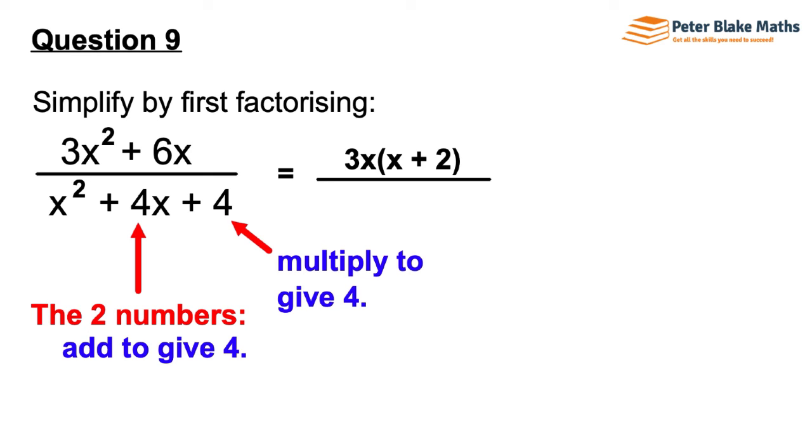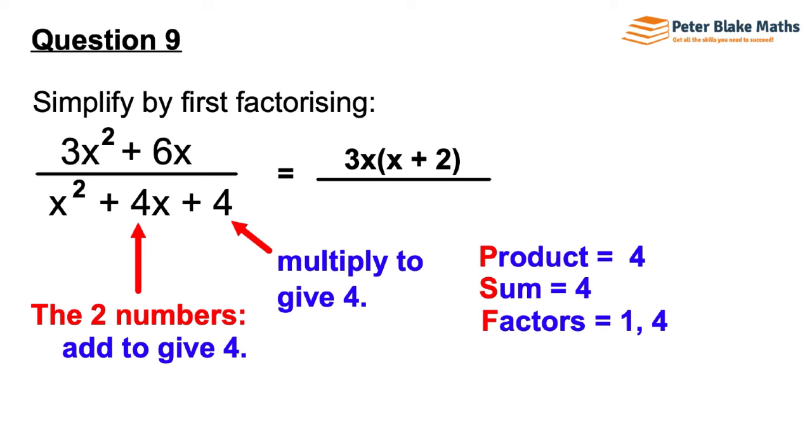So that's where we look to find out the characteristics of these two numbers. They need to have a product of 4 and a sum of 4, and I'm looking to have factors of 4. Factors of 4 are 1 and 4 and 2 and 2.